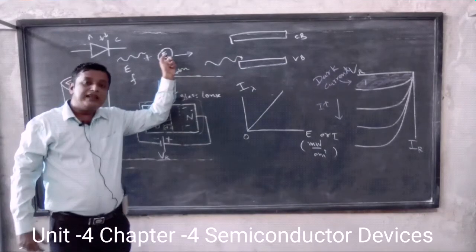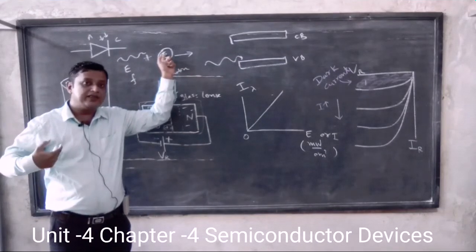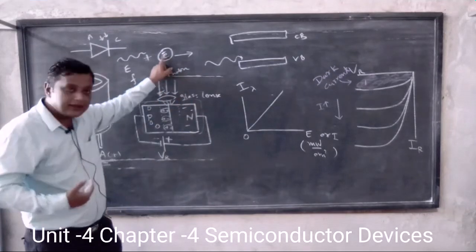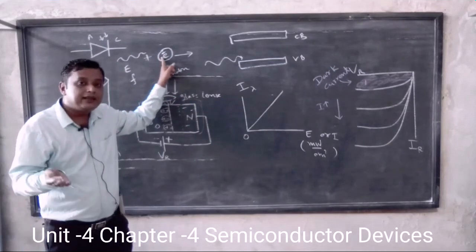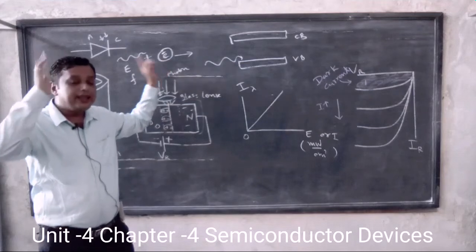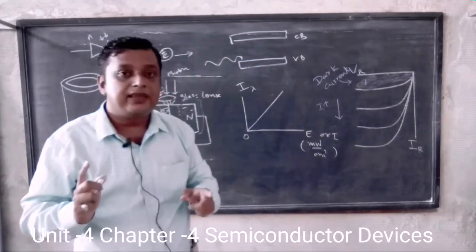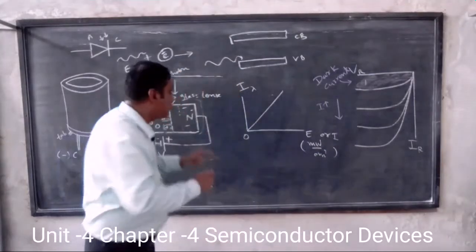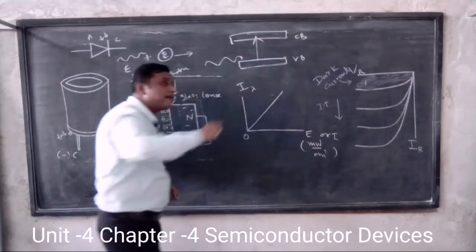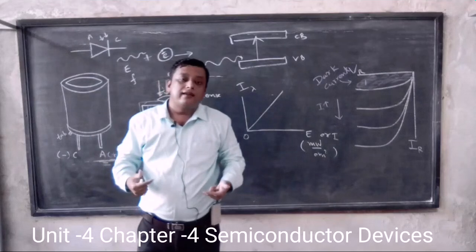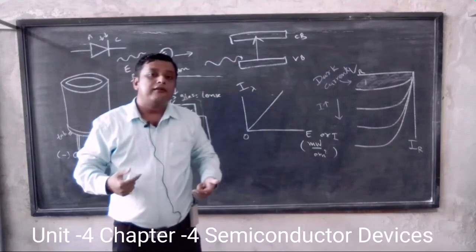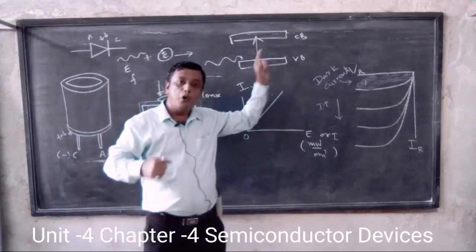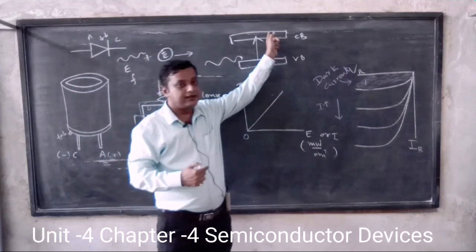So this electron will absorb the light which is falling onto the depletion barrier. So the energy of this electron is increased, and if the energy of the electron is increased, then this electron will make a transition from the valence band to the conduction band, from a lower energy level to a higher energy level.